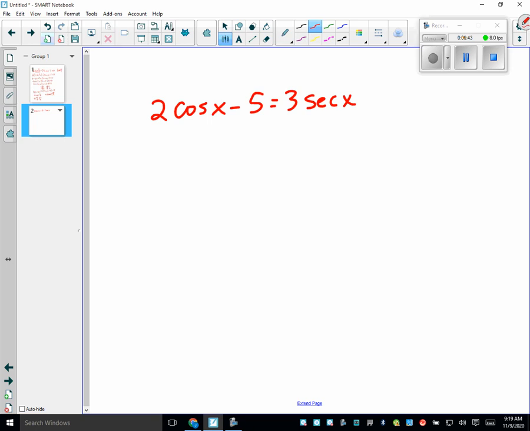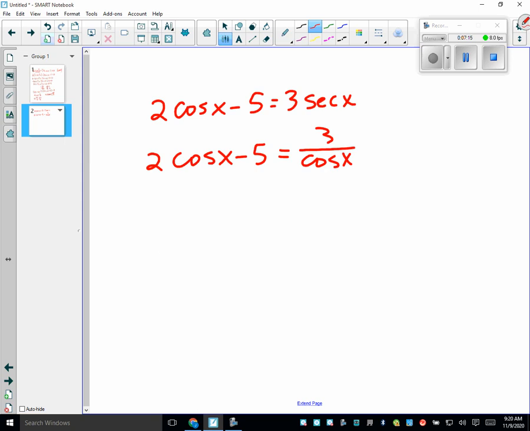Do you want to get them all over one side? Well, I will in a minute. First of all, I'm going to try to get them to the same trig function. So you want to change secant to 3 over cosine? Uh-huh. So 2 cosine x minus 5 equals 3 over cosine x.